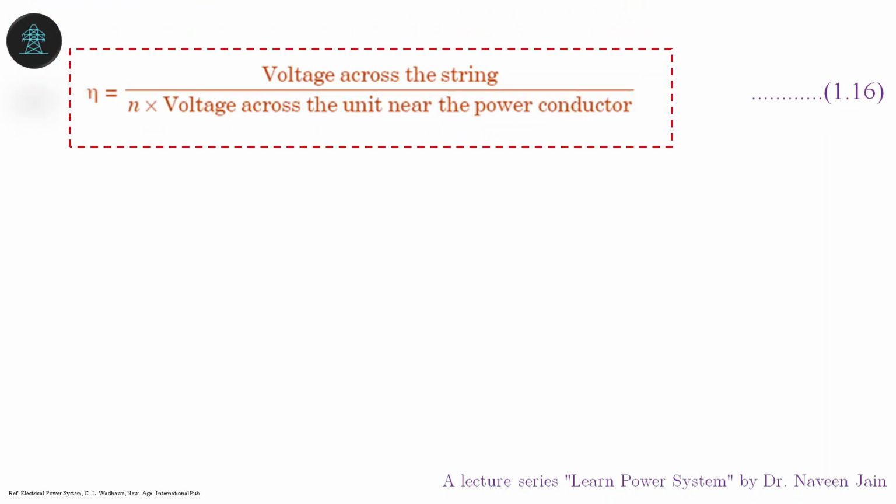Efficiency of a string is defined as the voltage across the string divided by the product of the total number of disc insulators and the voltage across the unit near the power conductor.